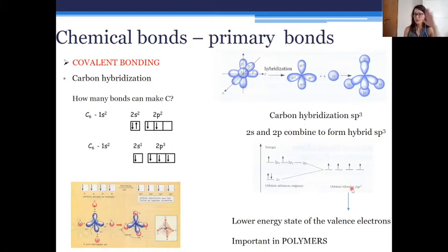Each valence electron will be shared with 1 atom of hydrogen that is willing to share 1 electron with this carbon in order to fulfill the carbon shell. Okay, and this kind of hybridization is very important in polymers, as we will see. We will have such kind of covalent bond thanks to the sp3 hybridization that will be created for the carbon atom.